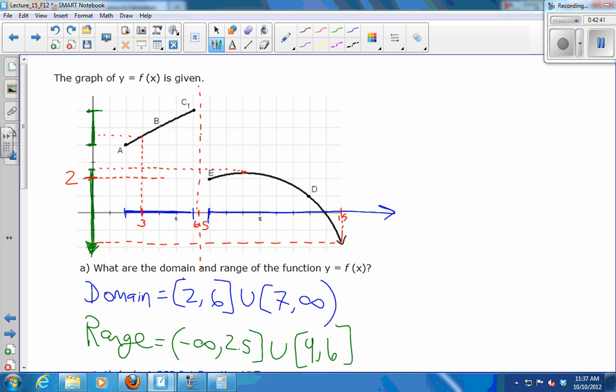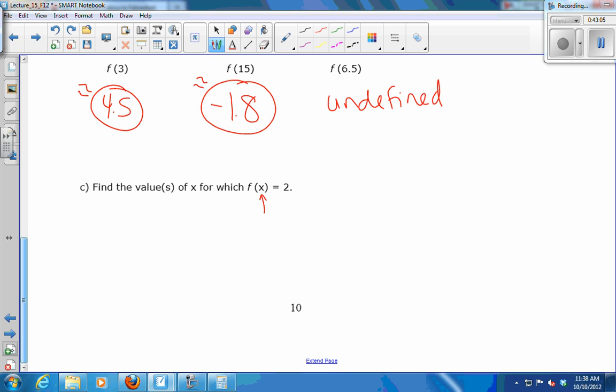So if I go over to the graph, there's 1, right? That happens at 7. And then if I keep going, there's another one, and that happens at 11. So there's actually 2 x values, 2 inputs that give an output of 2, 7 and 11.